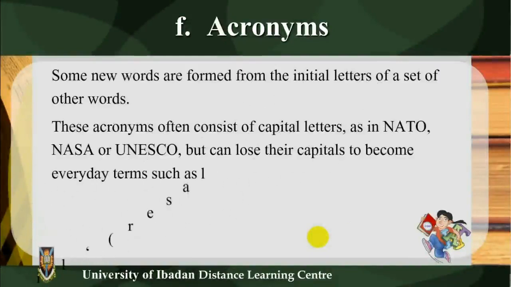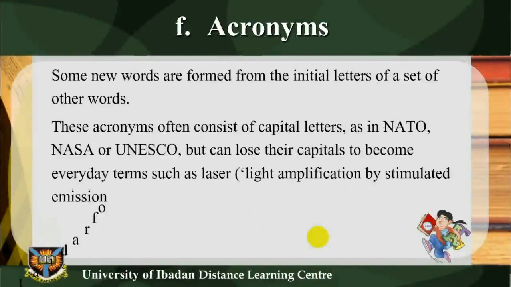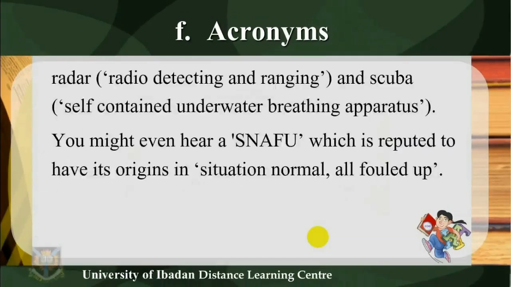F. Acronyms. Some new words are formed from the initial letters of a set of other words. These acronyms often consist of capital letters, as in NATO, NASA, or UNESCO, but can lose their capitals to become everyday terms such as laser, light amplification by stimulated emission of radiation, radar, radio detecting and ranging, and scuba, self-contained underwater breathing apparatus.